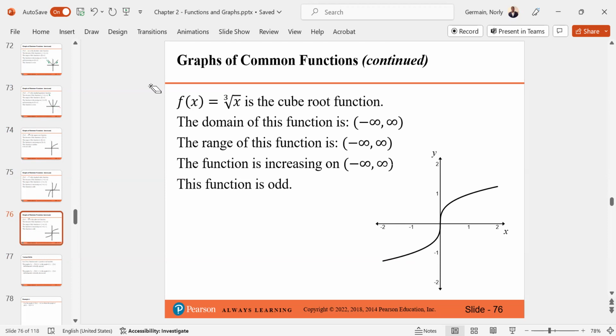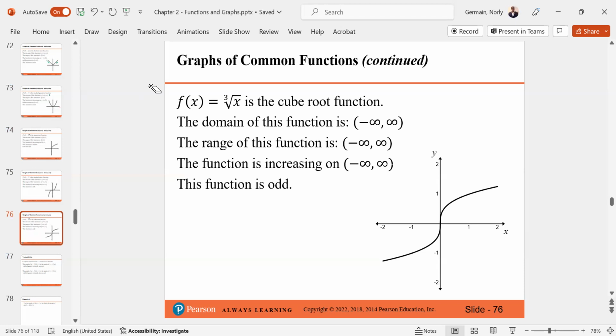a cube root can accept negative numbers for x, all right? Because the cube root of -8, what number you multiply by itself 3 times to obtain -8, is -2. But what is the square root of -4? There is no number you can multiply by itself to obtain a negative number, right?